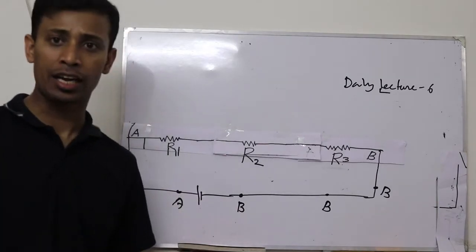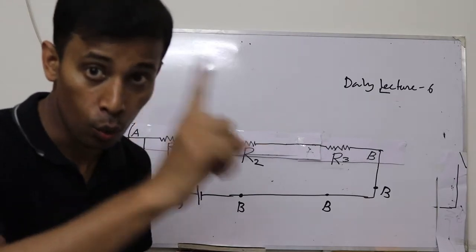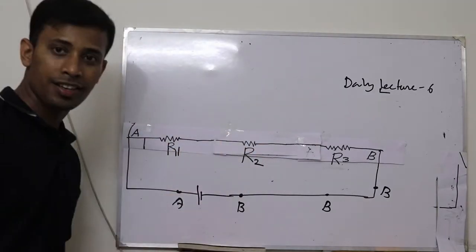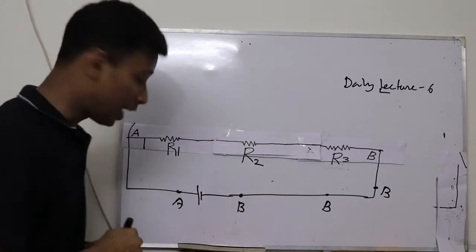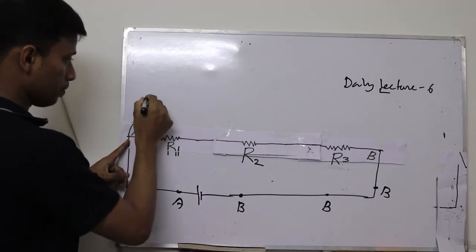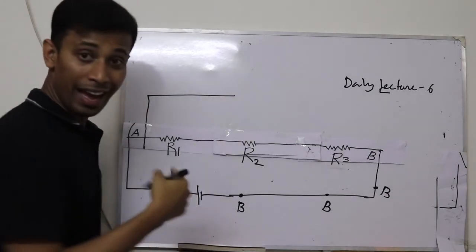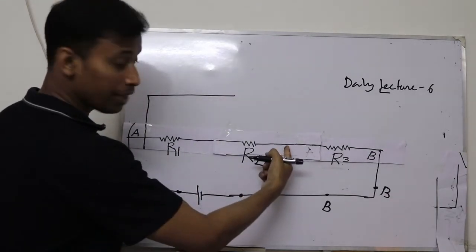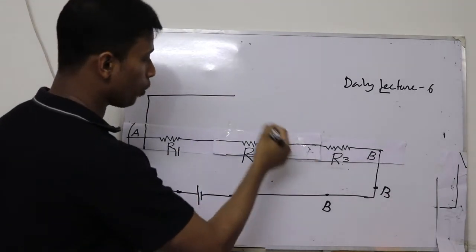So what if we add two shorts? Let's add short number 1. It starts from point A and ends at the ending point of R2 and the starting point of R3.